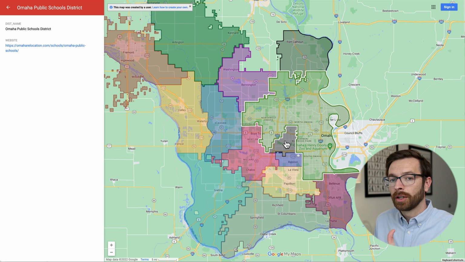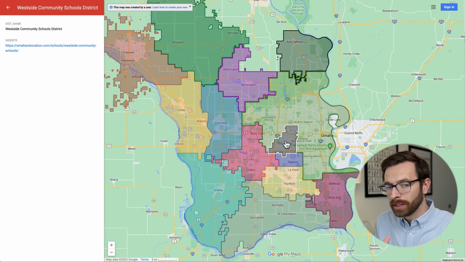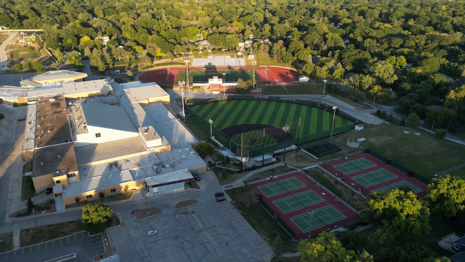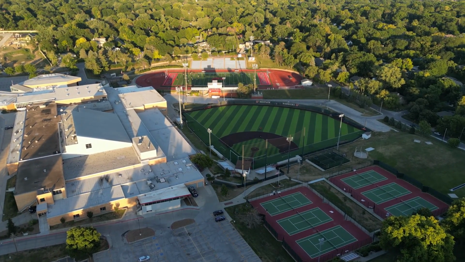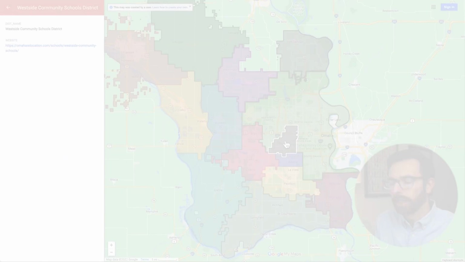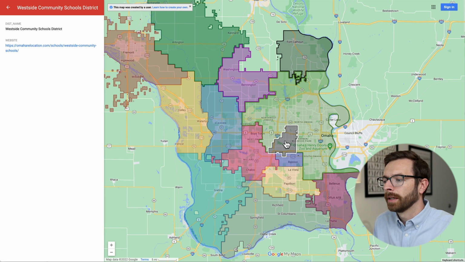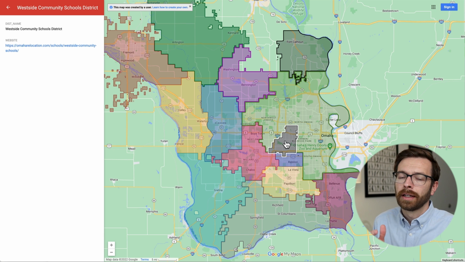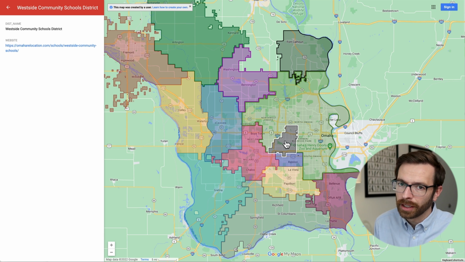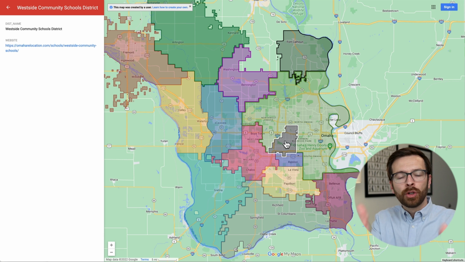A couple others that are going to be in Douglas County itself is West Side. So West Side is kind of Midtown, 80th and Pacific area. And some people also call it District 66. So District 66, West Side, kind of mean the same thing. For a new person moving to the area, just consider them the same.